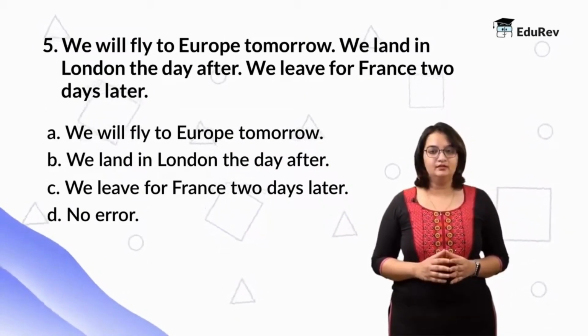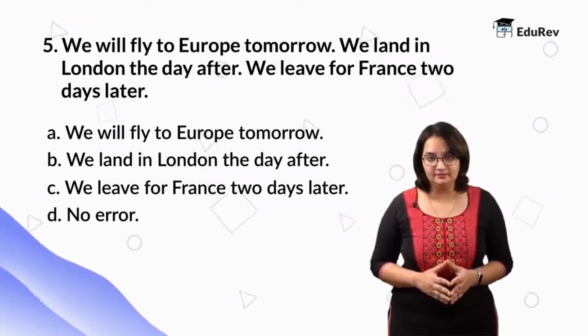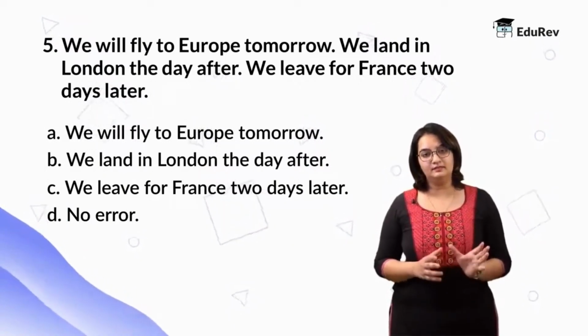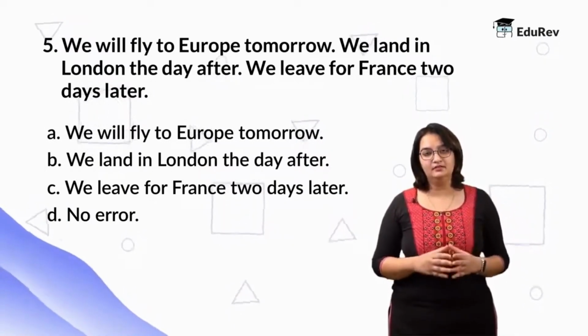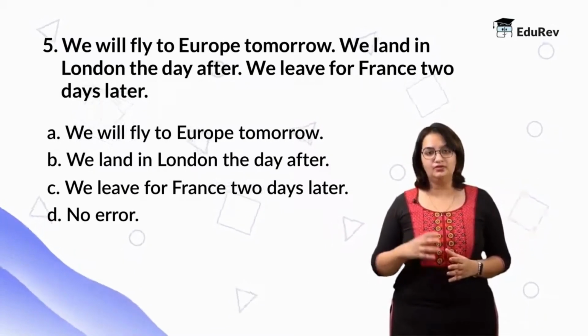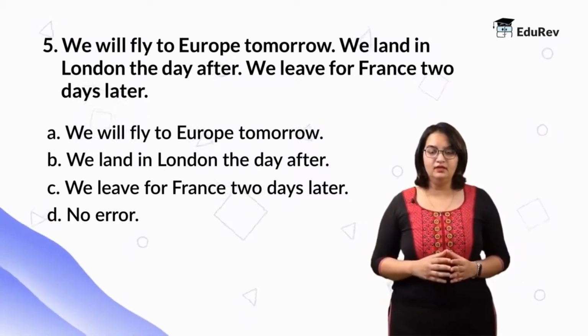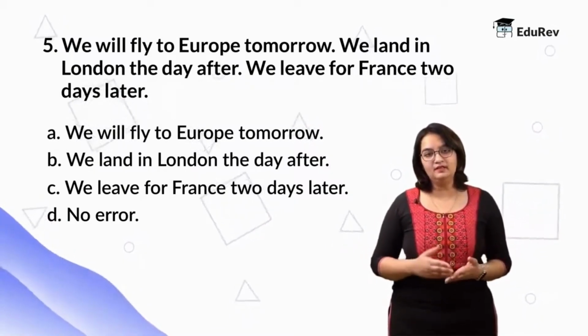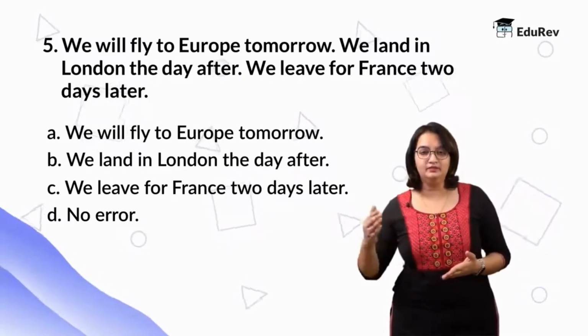So here there is no grammatical error, because the first statement is establishing that we are going to fly to Europe tomorrow, and therefore we have already told that whatever is coming next is going to happen in the future.